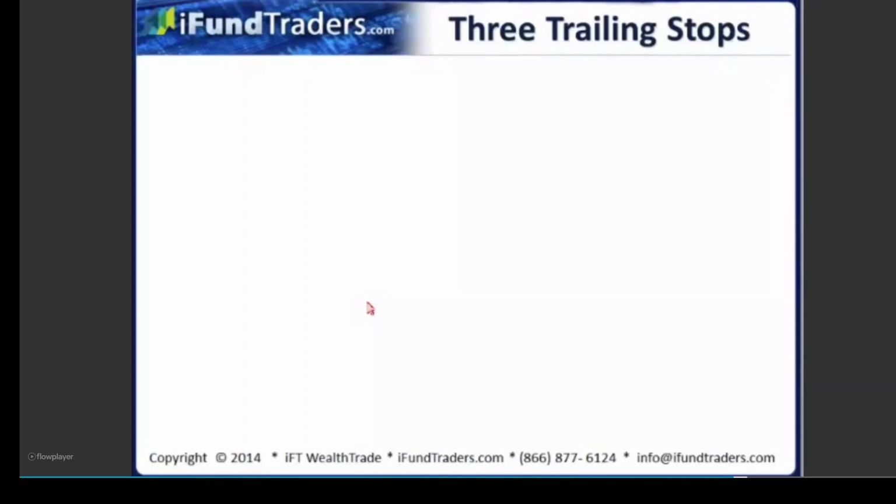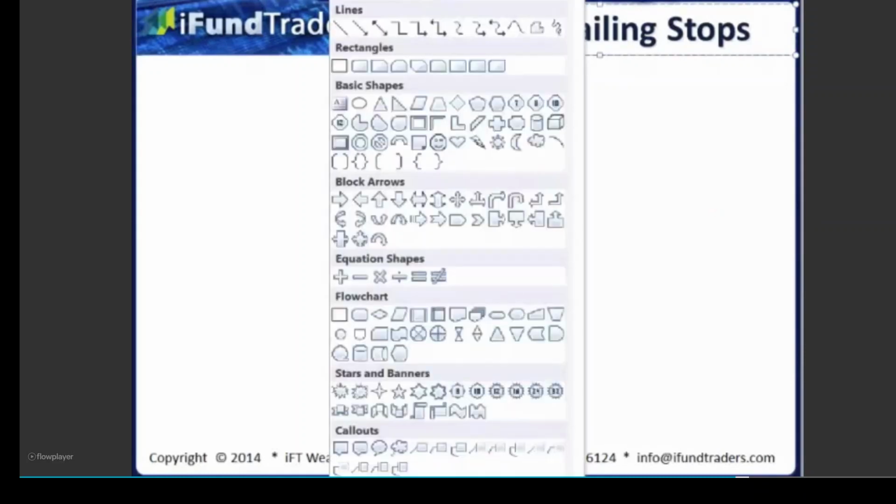A move to break even is not an appropriate move to me unless it's time to take some off the table, and now you're going to protect the remainder with a break even stop. Prior to that, the move is not big enough or significant enough to move to break even. Okay? So we're going to come back to that in a minute, but there are three types of trailing stops.